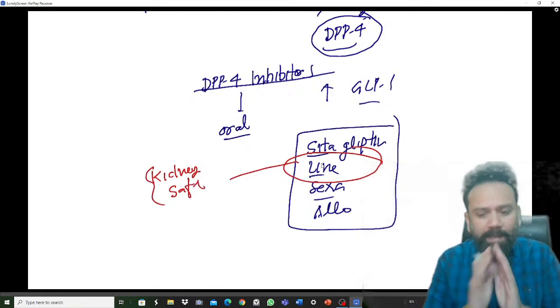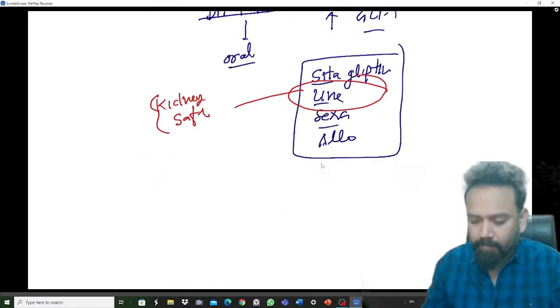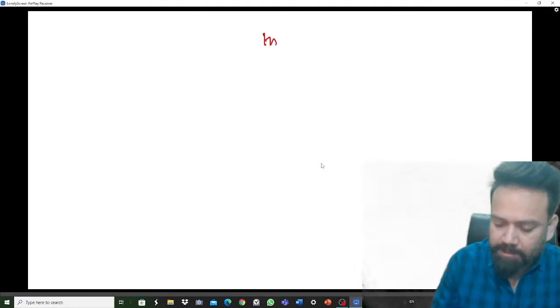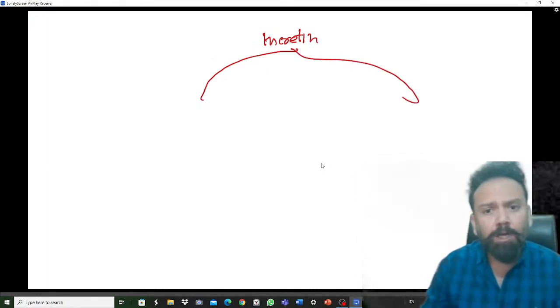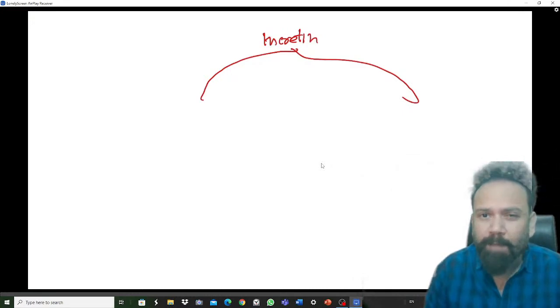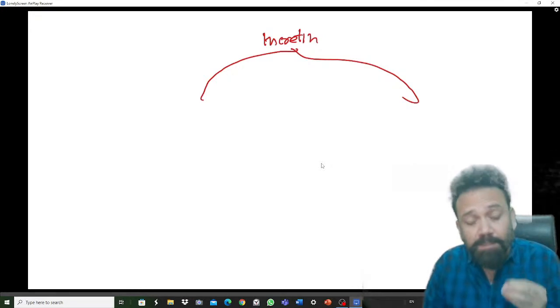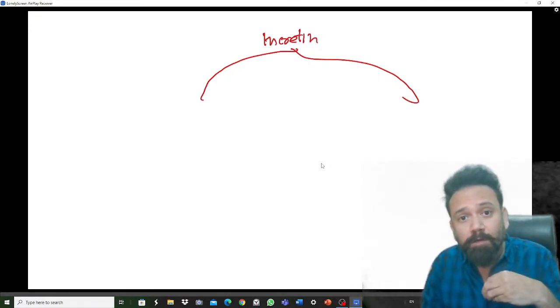So now by this simple physiology, we can understand there are two incretin drugs. And doctor, tell me why these are not causing hypoglycemia, especially the DPP4 inhibitor? Because this is released only when you take food, isn't it?